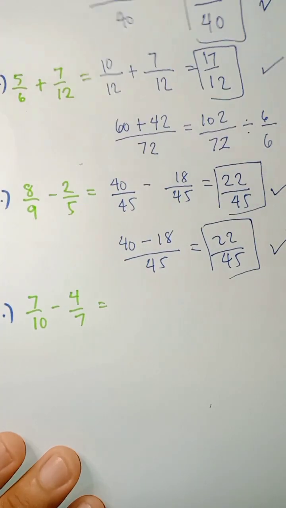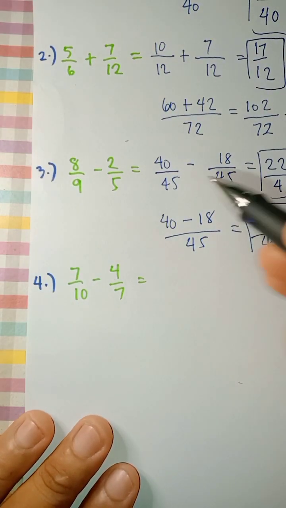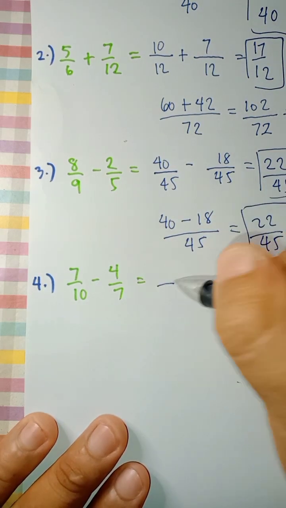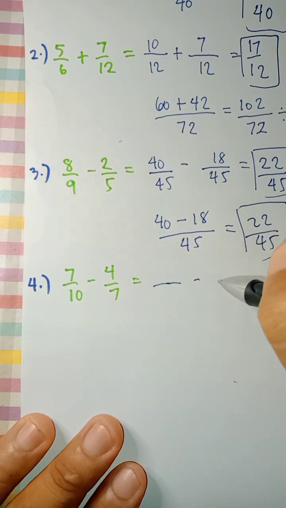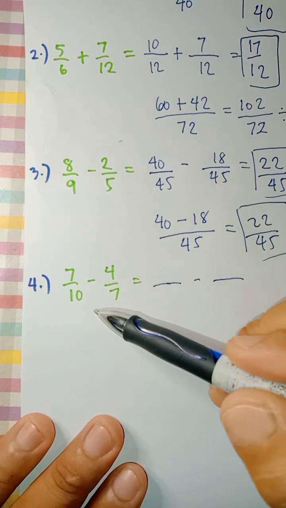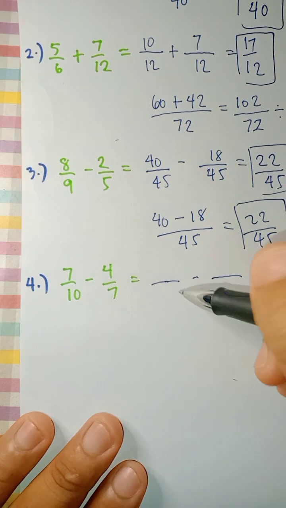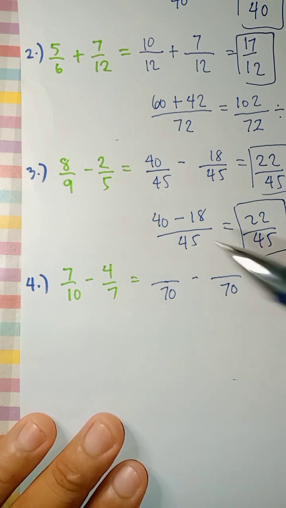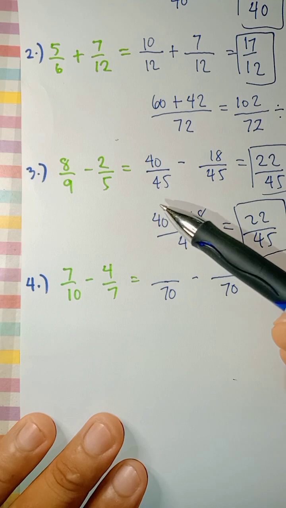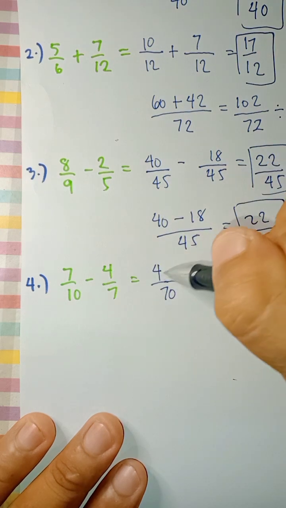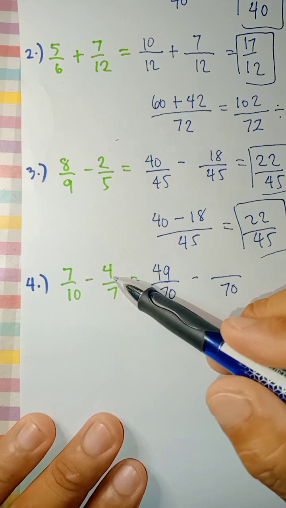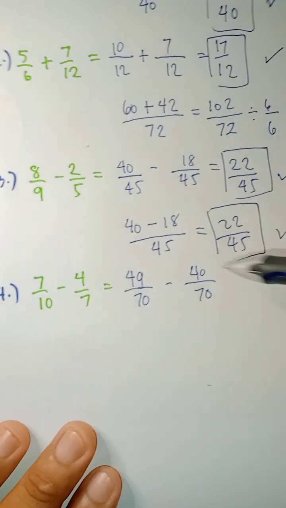Then lastly, our problem number 4, 7 over 10 minus 4 over 7. So let's use the LCD method. So the LCD of 10 and 7 is simply 70, because the least common multiple of 10 and 7 is 70. 70 divided by 10 is 7 times 7 is 49. 70 divided by 7 is 10 times 4 is 40.